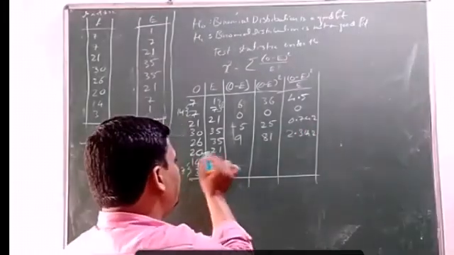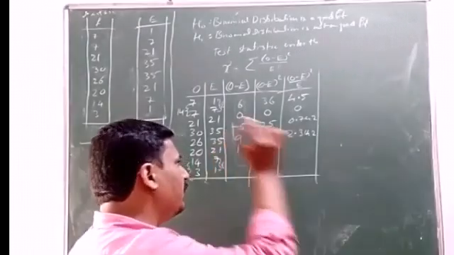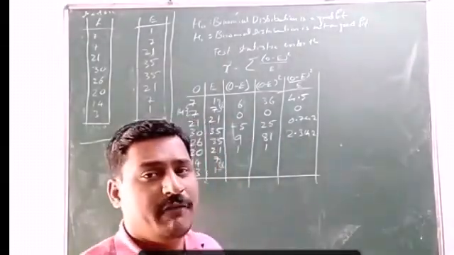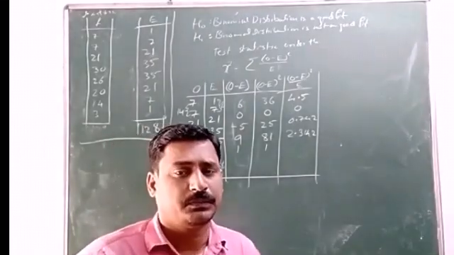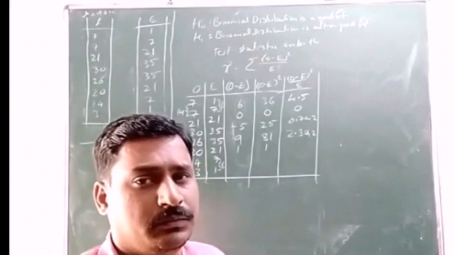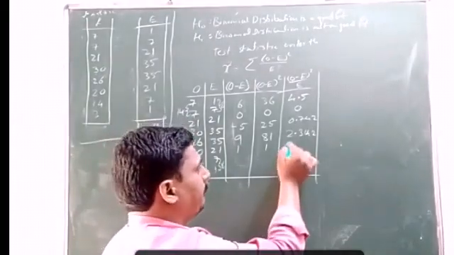Next, 20 minus 21 is minus 1. 1 square is 1. 1 divided by 21 is 0.0476.